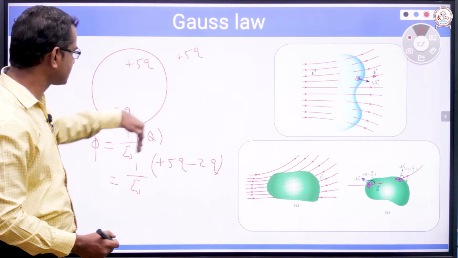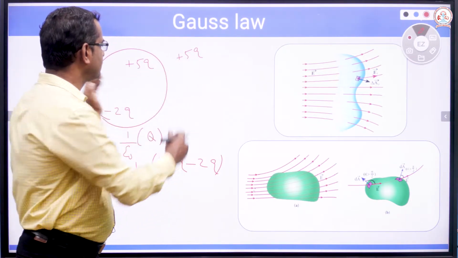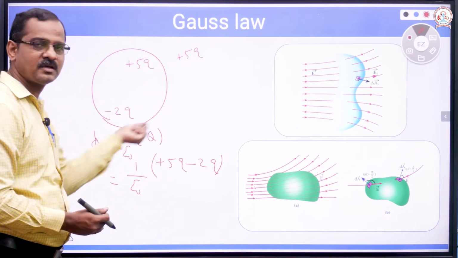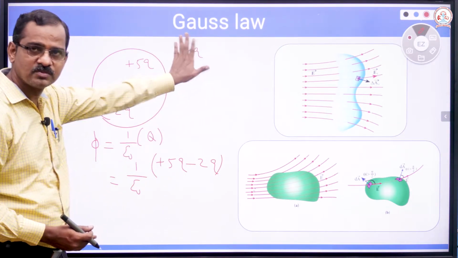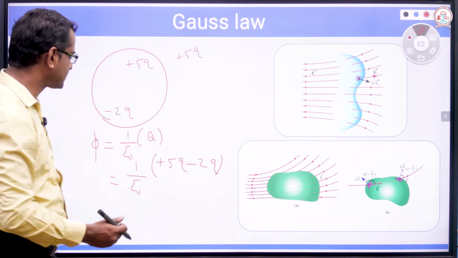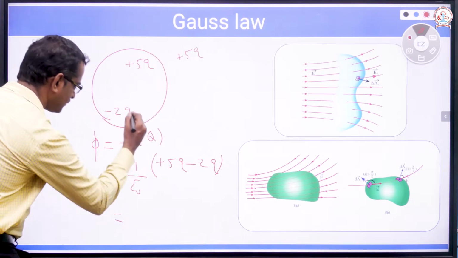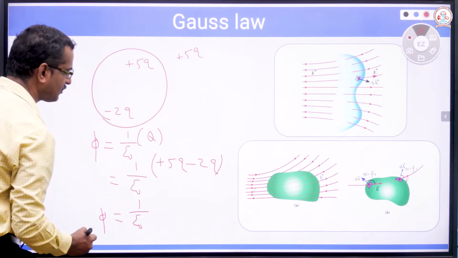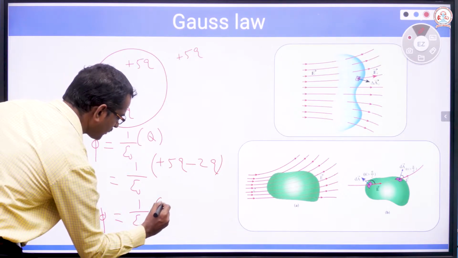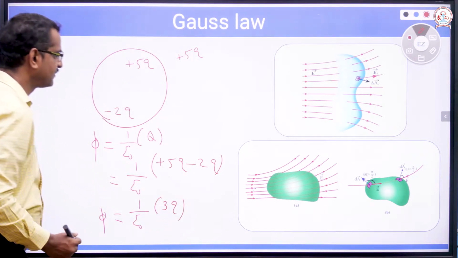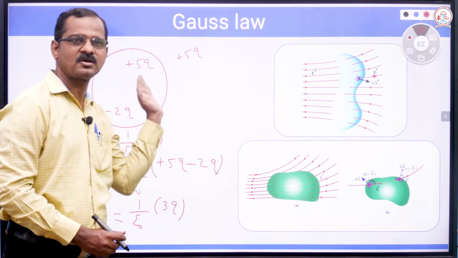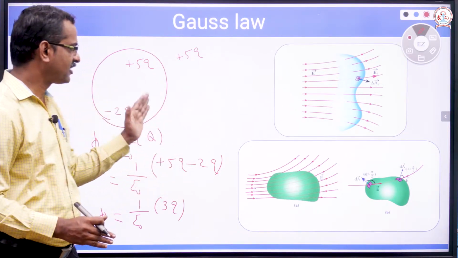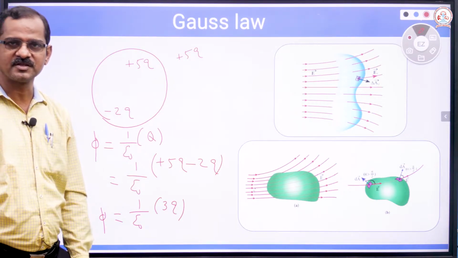This plus 5q is outside the surface, so it is not going to contribute anything to the flux of the enclosed surface. We have to ignore it. Then the flux enclosed by the surface will be 1 by epsilon naught times 3q. If the charge is just outside the surface, it will not contribute anything to the flux.